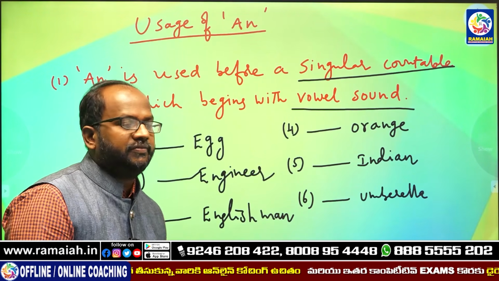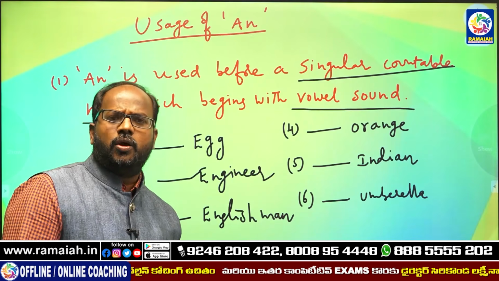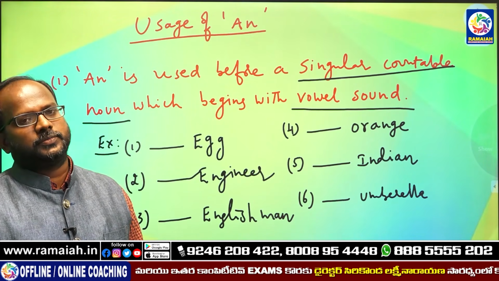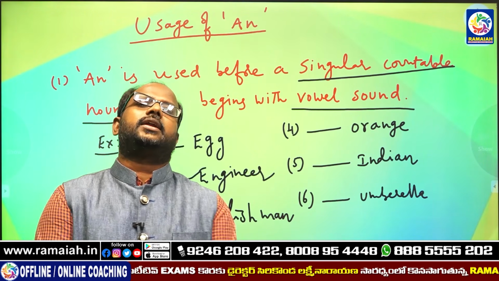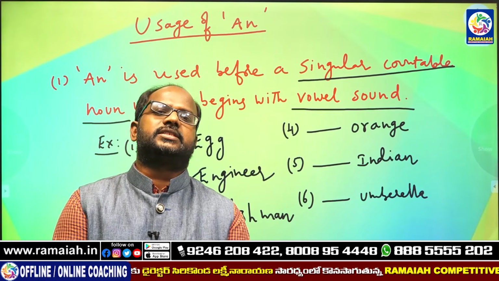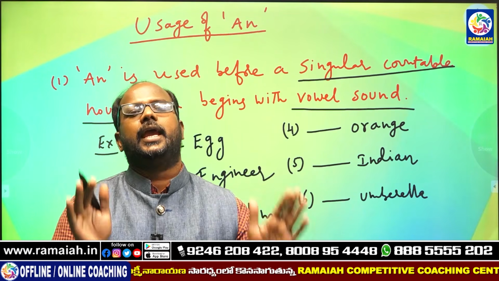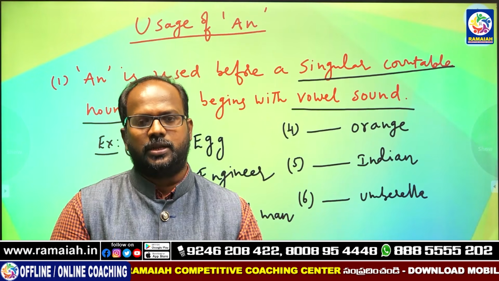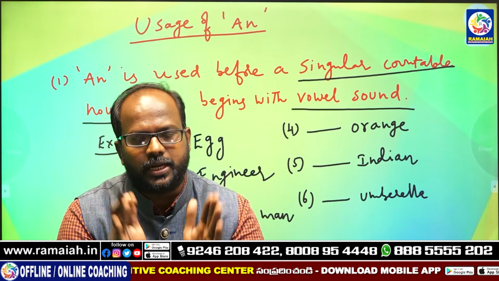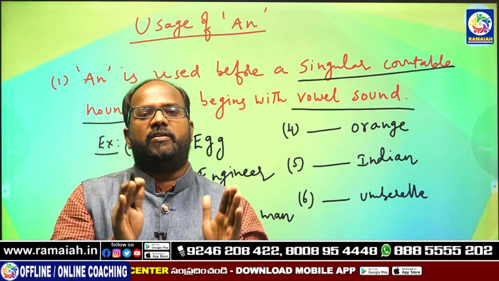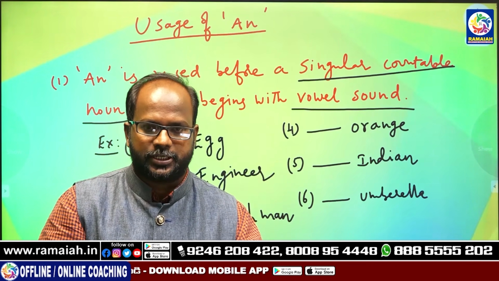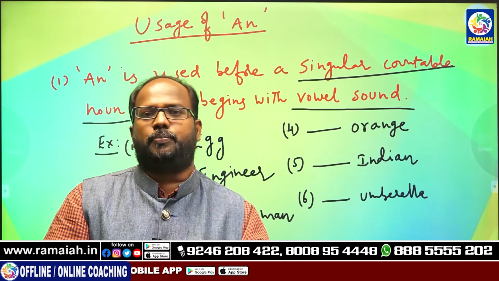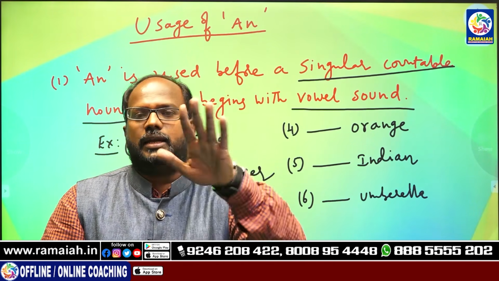So that singular countable noun must begin with the vowel sound. What do you mean by vowel sound? Immediately someone will say, sir, A, E, I, O, U are vowel sounds, sir. No, A, E, I, O, U are vowel letters. There are 5 vowel letters in English, but 20 vowel sounds in English. Here sound is important, not the letter.